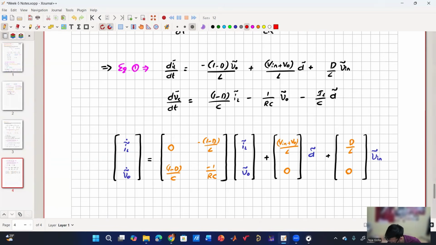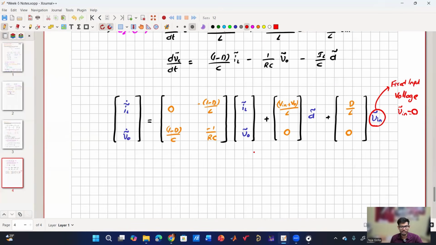Sometimes people may give a fixed input voltage. So the input voltage is fixed, it has only DC, then Vin tilde will be 0. So then we will not get this matrix. You have to be careful. In the assignment, I think Vin tilde is 0, so you will not get that matrix.